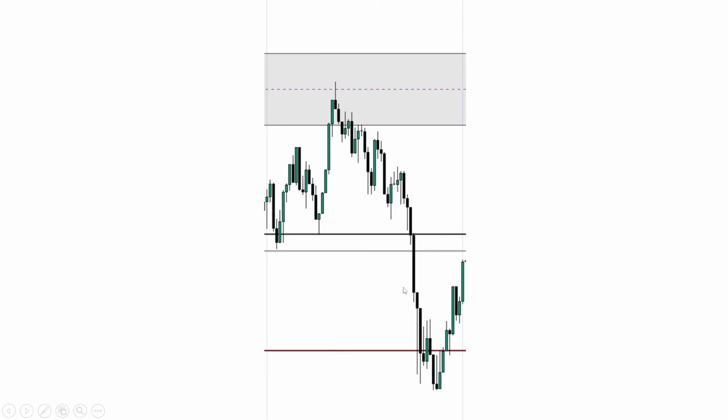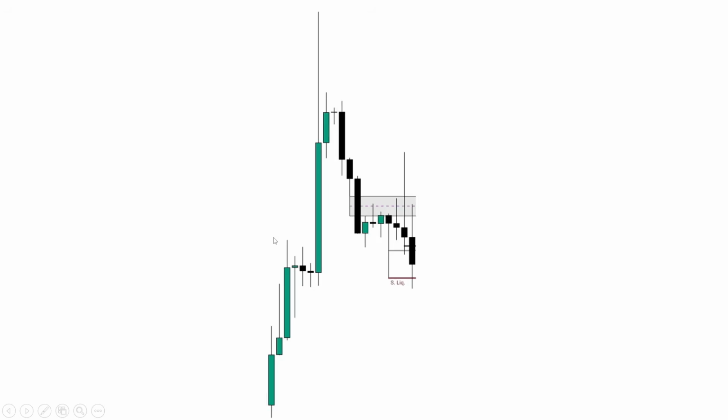All right, now it's becoming a bit clearer. Now we have this high, price opened around here, traded up, gave us a swing here, then traded into the consequent encroachment of the discount week of the 2 a.m. candle.